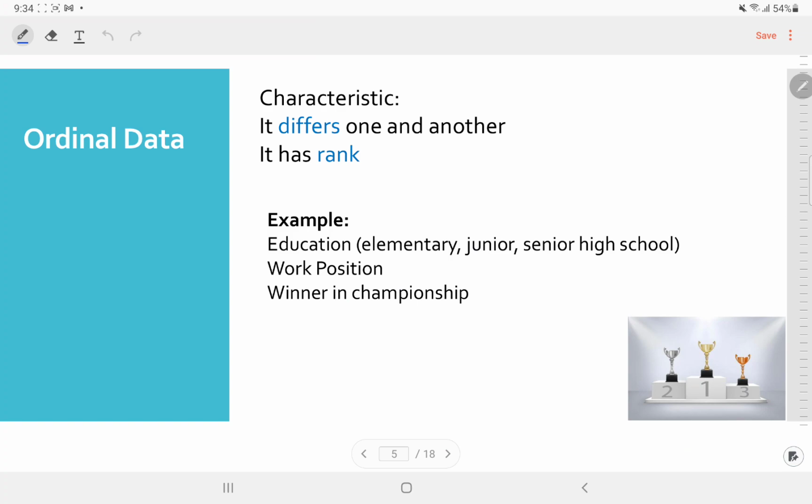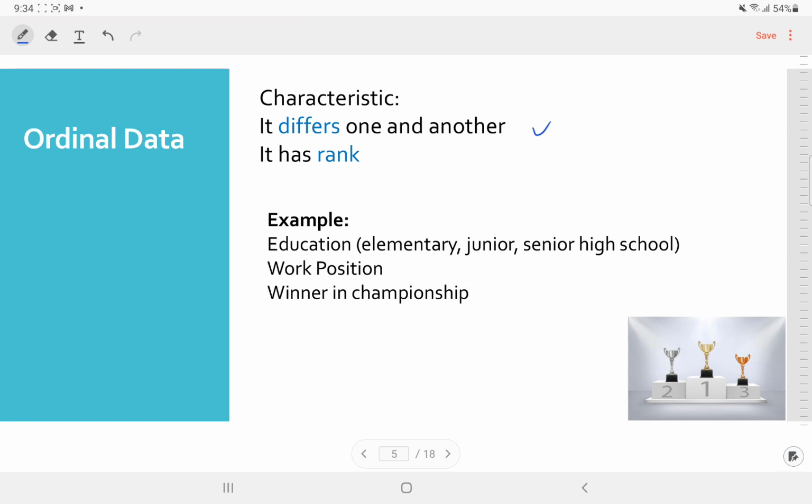And the second is ordinal data. So ordinal data can differ one from another, just like the nominal one. Okay? And the second thing is it has rank. The nominal data doesn't have rank, but the ordinal ones have rank.